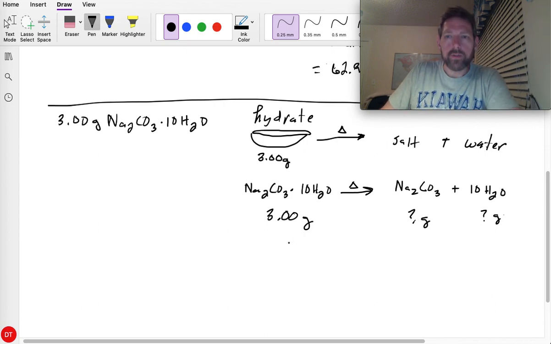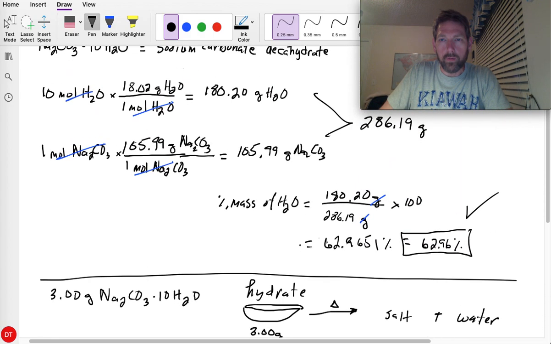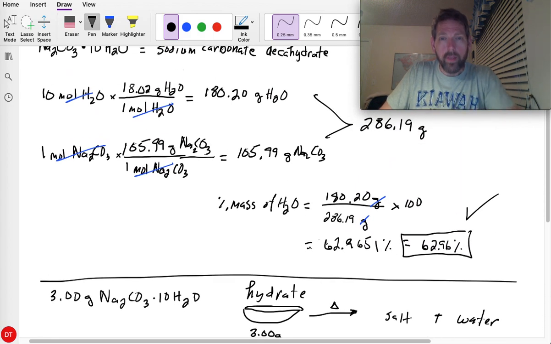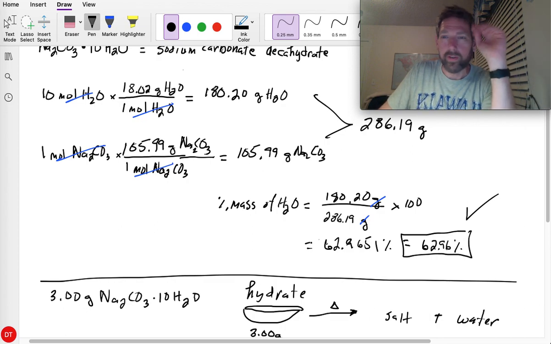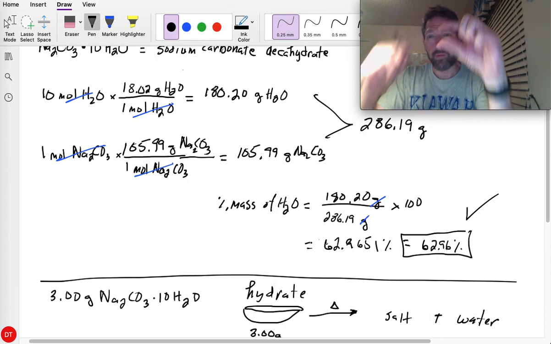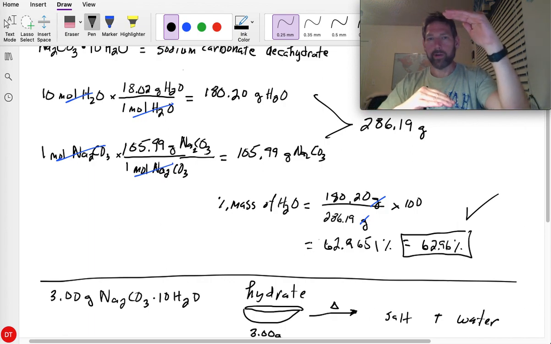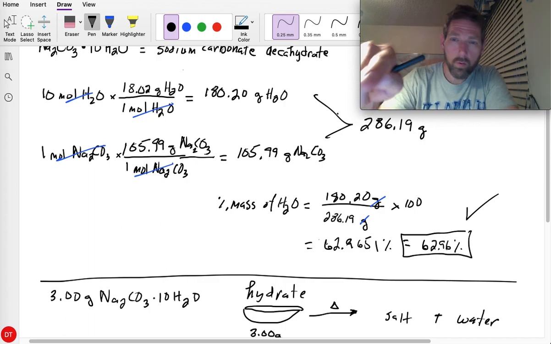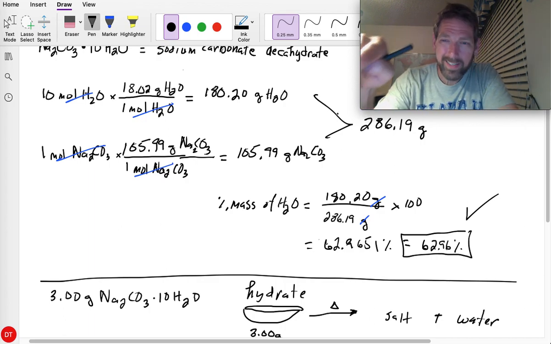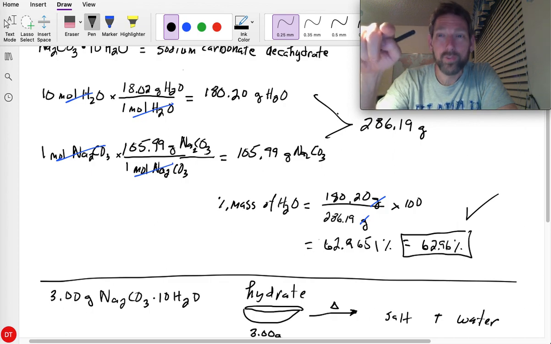Okay, so now let's think about this. Right now we're just doing theoretical stuff. So theoretically, we've already figured out that I don't care how much of a sample you have, it doesn't matter. According to the math we've just done, 62.96% of all of that mass is water.